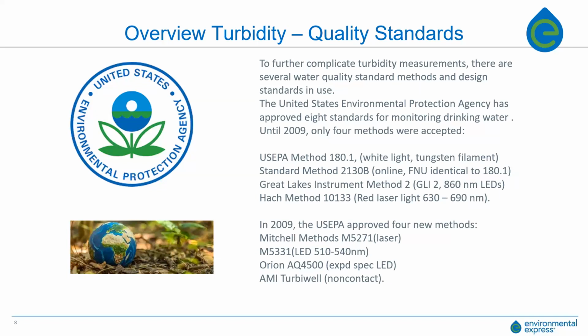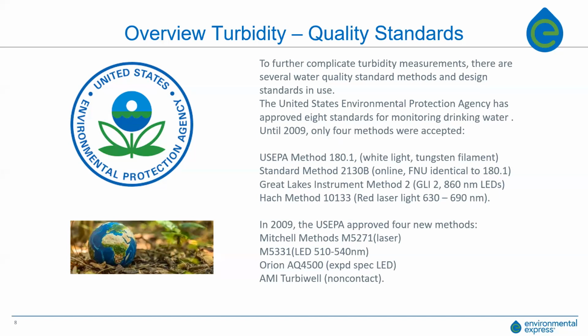This is the first instance of LEDs being used in a turbidimeter sensor. We'll talk a little bit more about that. And then finally, the Hach method 10133. This is the red light laser method with the light energy output from 630 to 690 nanometers.